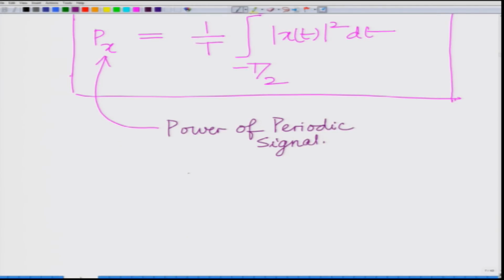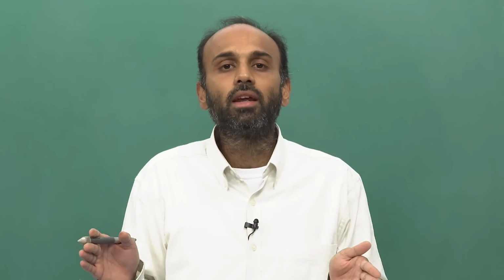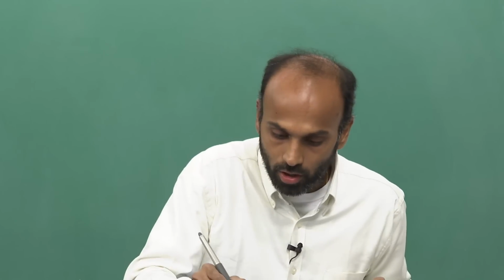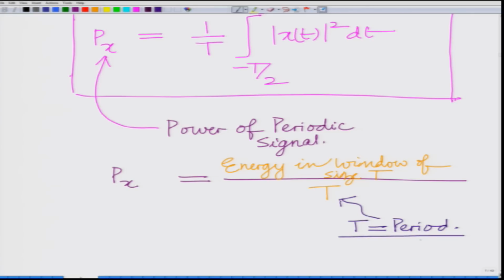What is this? This is simply the power of a periodic signal x(t). It is the energy in a single window, that is the energy in a single period capital T, divided by the period T, that is the size of the window capital T. So, for the special case of a periodic signal, this is the energy in a window of size T divided by T. Realize that this T is the period of the signal.